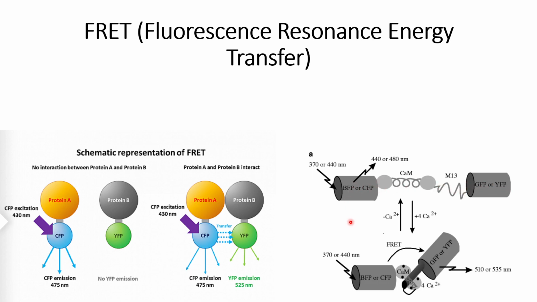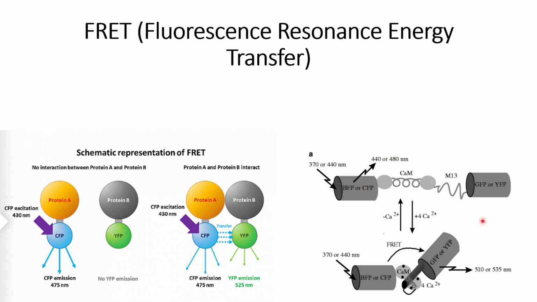What happens in the normal case is that only light of 370 nanometer is used, and we will see signals at around 480 nanometer when these two reporters are separated apart.